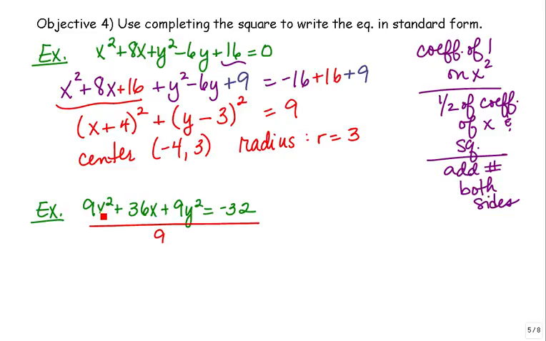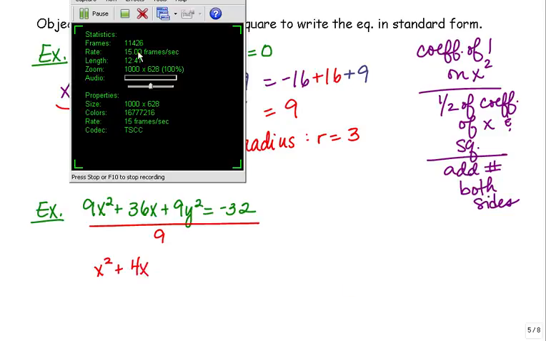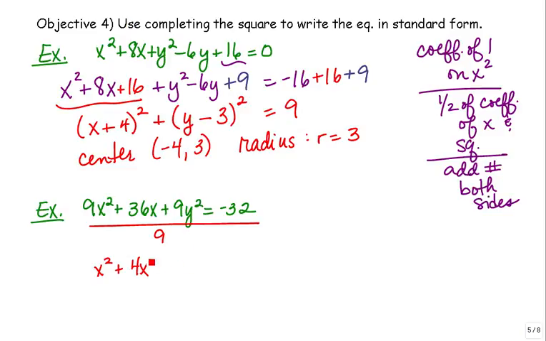So we would have, what, x squared plus 4x plus y squared is equal to, kind of an ugly number, negative 32 over 9, but just leave it in that form for right now.